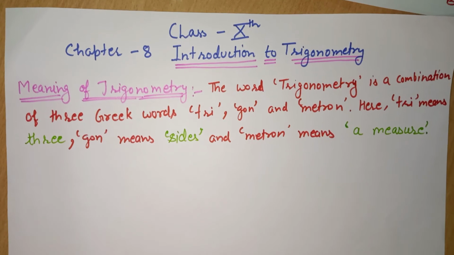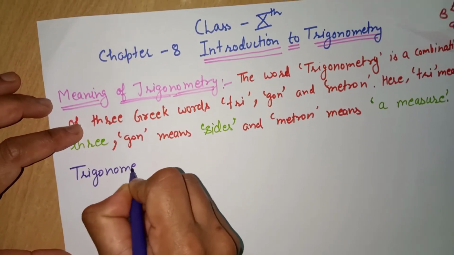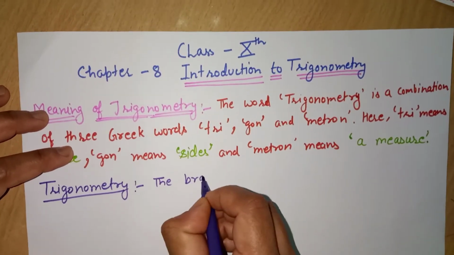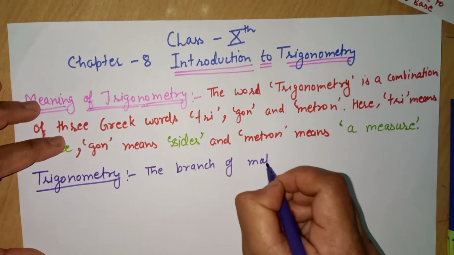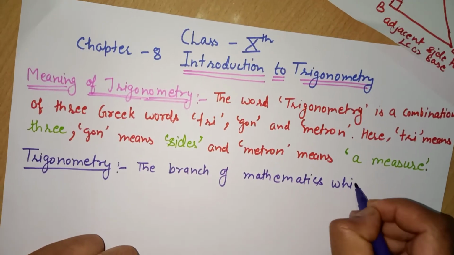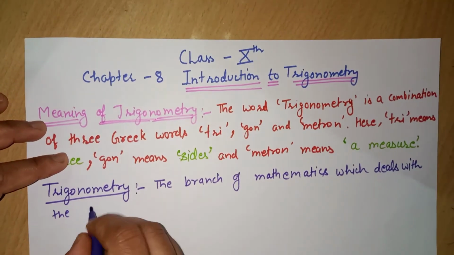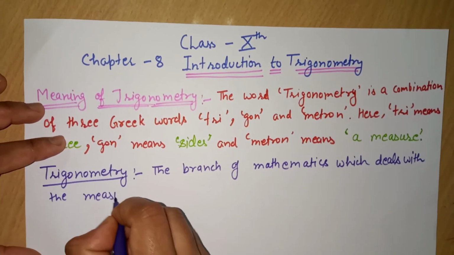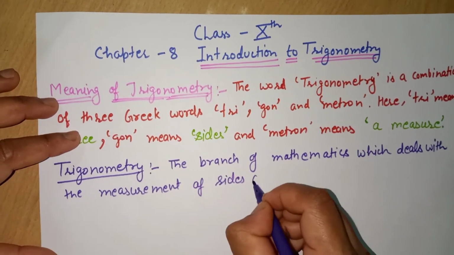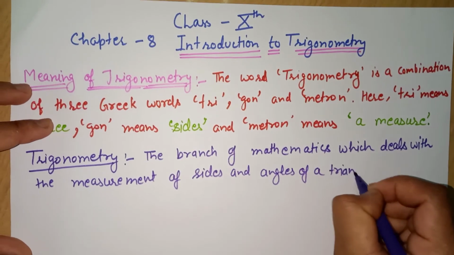Therefore, we can define trigonometry as the branch of mathematics which deals with the measurement of sides and angles of a triangle.